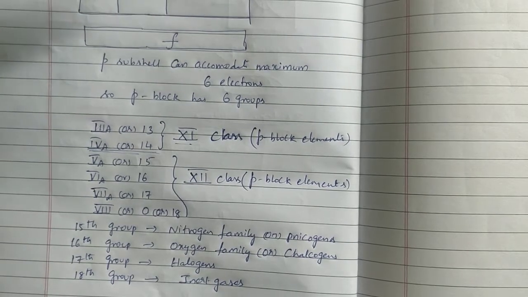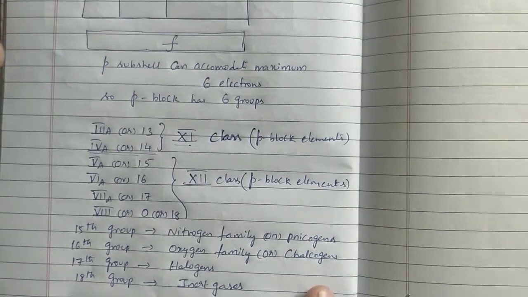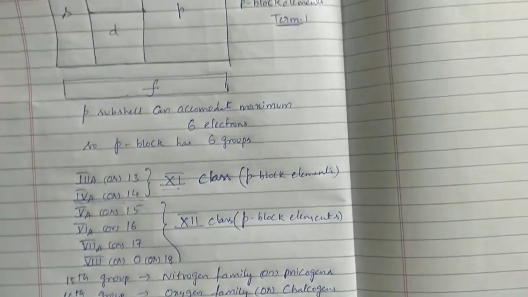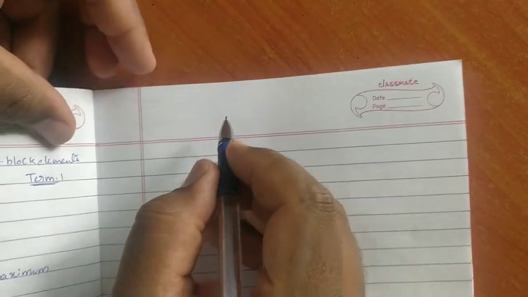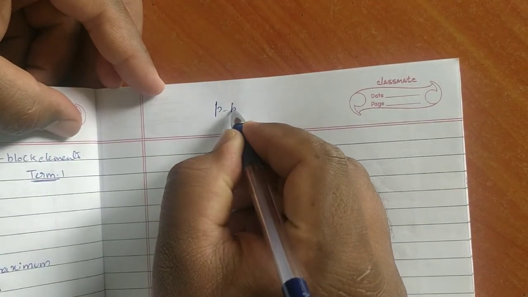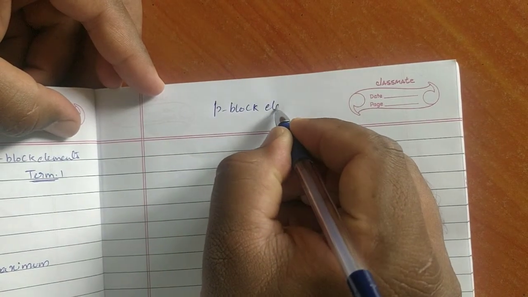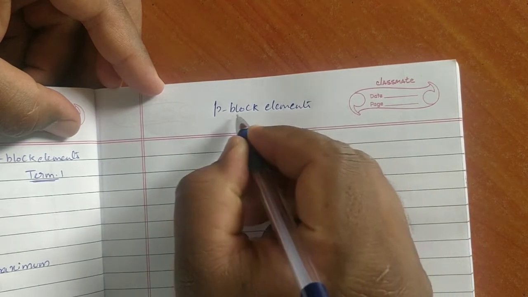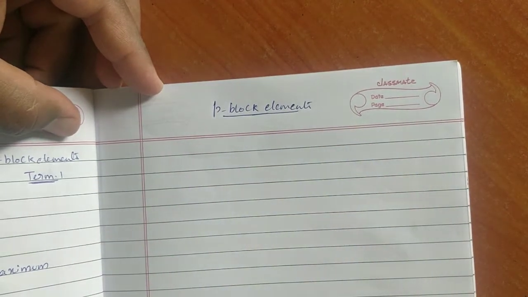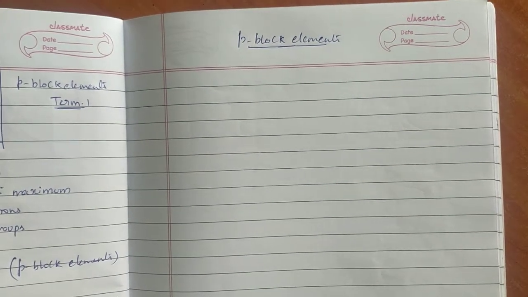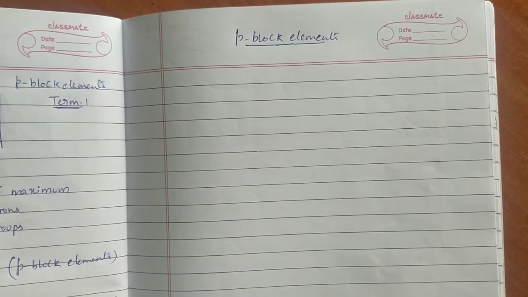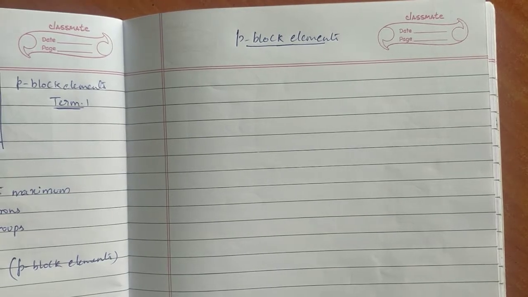So our heading is P block elements. Is it okay? So we are going to start our chapter. I told you that in our chapter P block elements, the groups present are 15, 16, 17, 18.